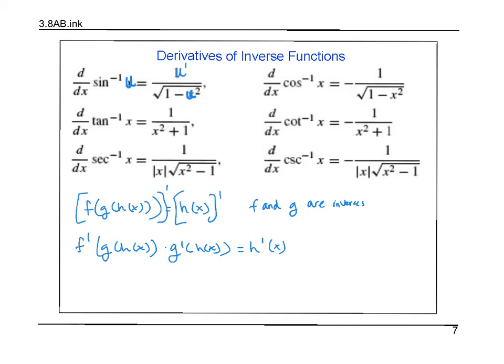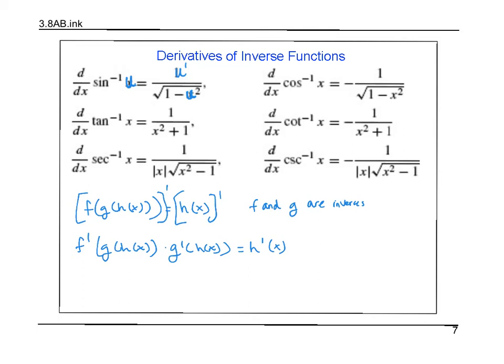So I'm not completely finishing out the chain rule on the left-hand side, and I'm doing that on purpose because I'm looking to find the derivative of g. So g prime of h of x, that's still in there, is equal to what we have over here.